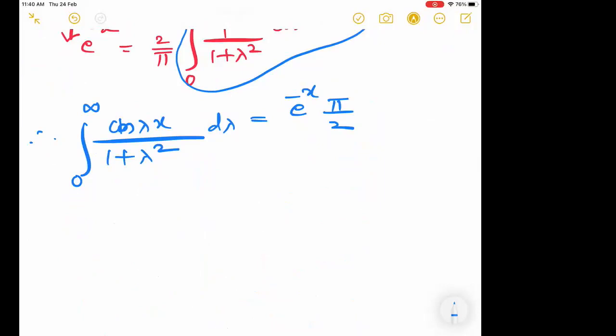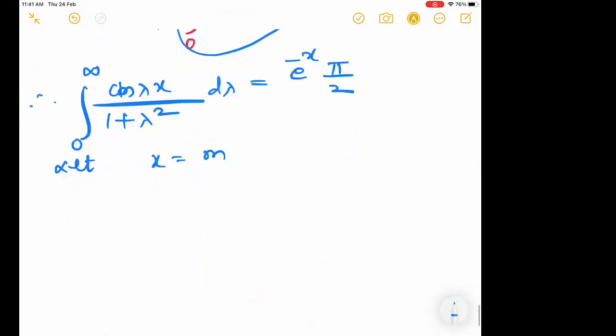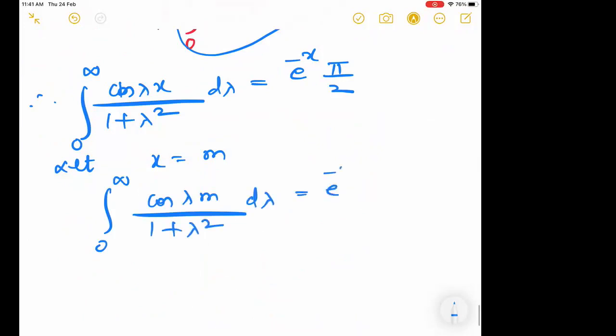So let us first put x equal to m. Then cos of lambda m upon 1 plus lambda square d lambda is equal to e raised to minus m pi by 2.